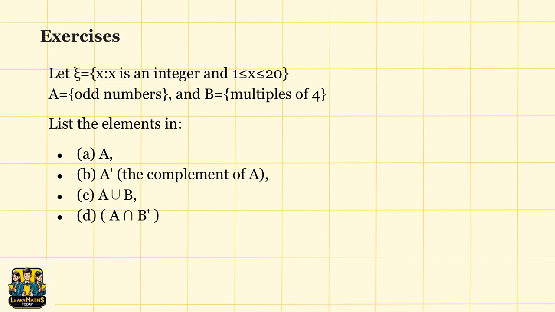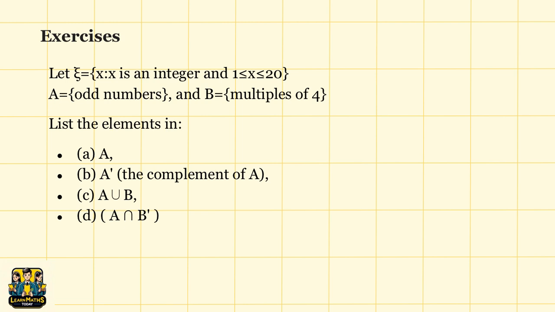Now, this is the last question for set theory. Exercise: let the universal set be defined as x is an integer where x is less than or equal to 20 and x is more than or equal to 1. We have the set A defined as odd numbers and set B defined as multiples of 4.